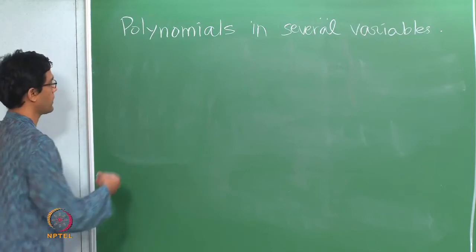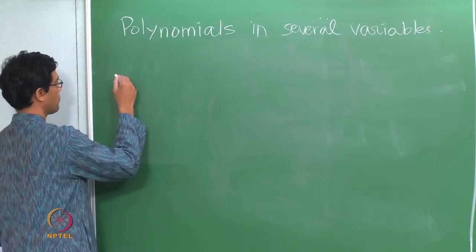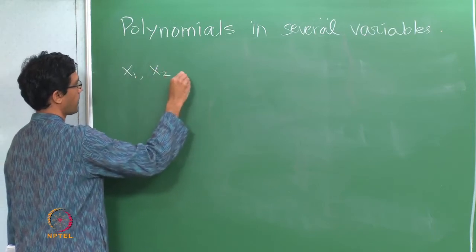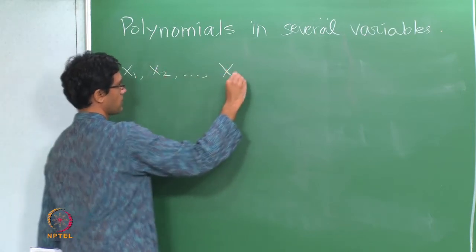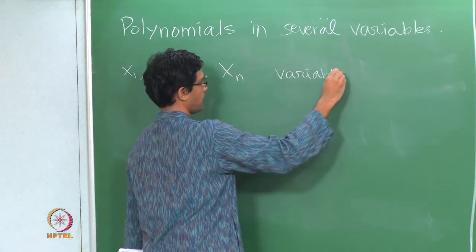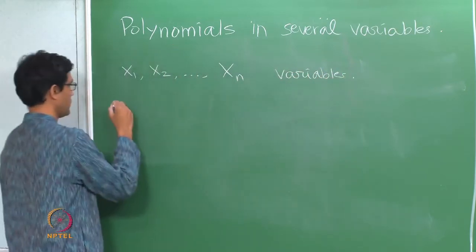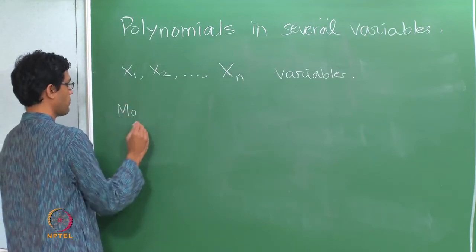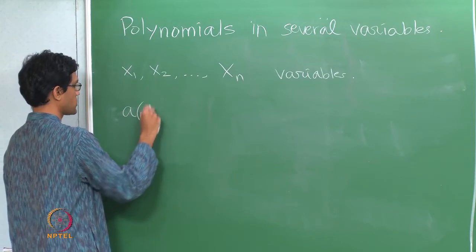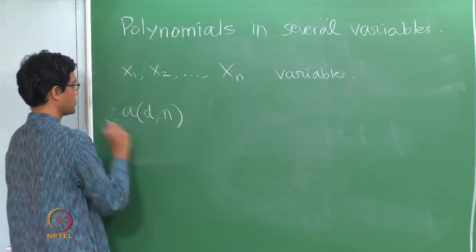Suppose there are n variables, let us call the n variables x1, x2, xn. So we are looking at polynomials in n variables, and what we want to do is the following thing. We in fact gave it a name, let us call this number a d comma n.